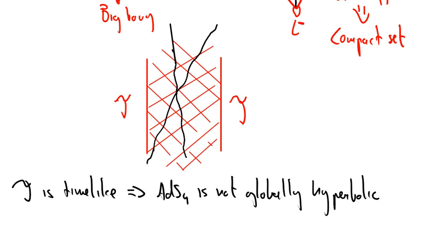It's easier to see here, because we cannot find a space-like hypersurface which every causal inextendable curve has to meet. If you just keep drawing space-like hypersurfaces, you always see that there are inextendable causal curves which don't meet the hypersurface.